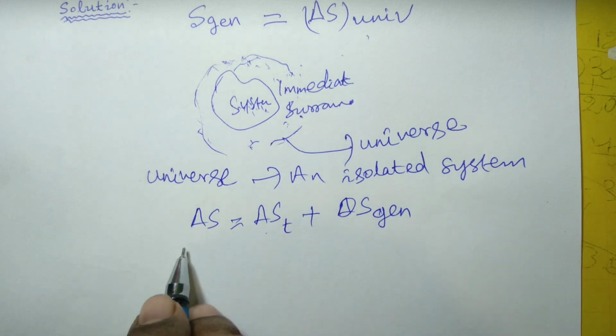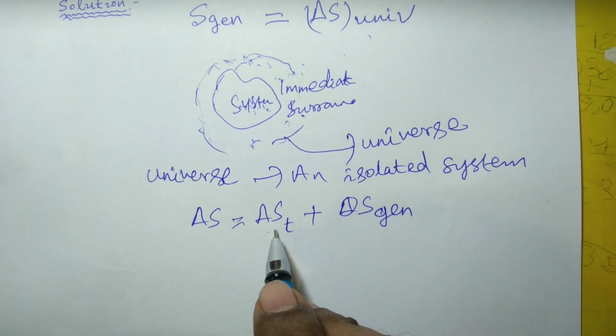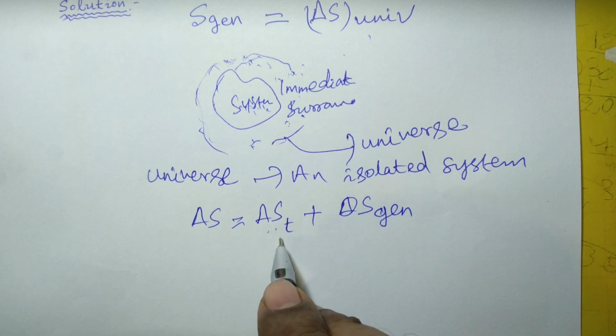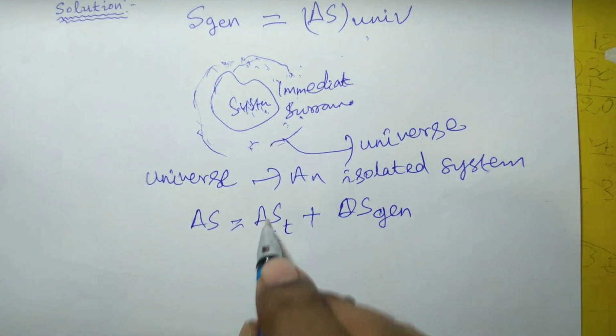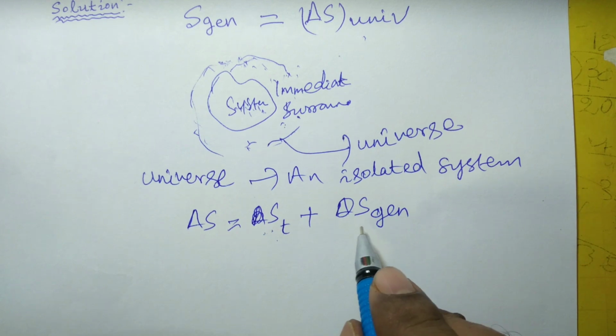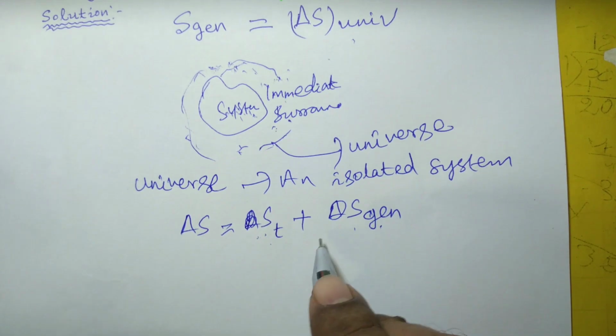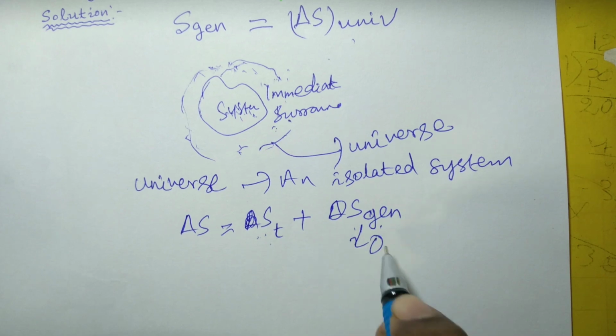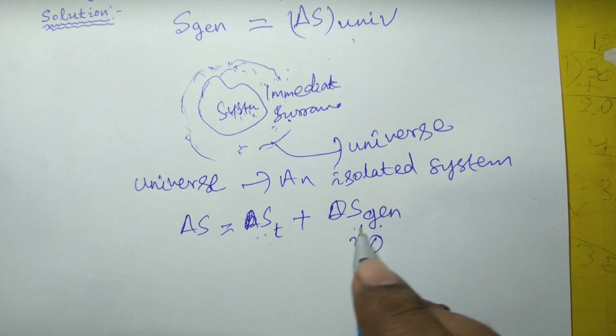So change in entropy is the summation of entropy transfer and entropy generation. If the process is reversible, then S generation is zero. In case of a reversible process, entropy generation is zero.